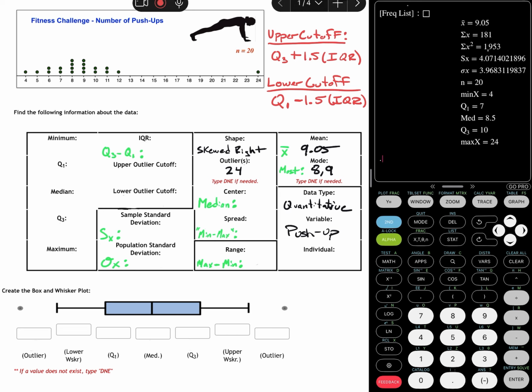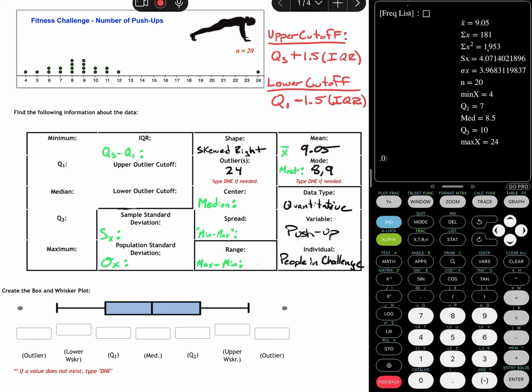And the individuals who we're getting them from, it's a fitness challenge. So maybe students, but we'll just say people in challenge. Could be just people, but I'm just looking at the chart above to make up what this individual is. Individual in general is what or whom we are getting the data from, and the variable is the data itself, so the number of push-ups. So that's why it's quantitative.